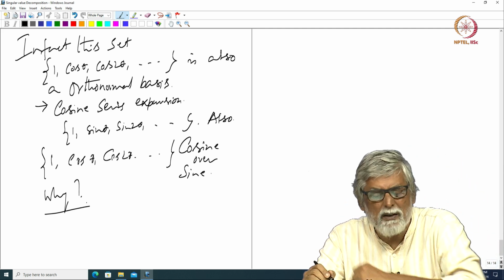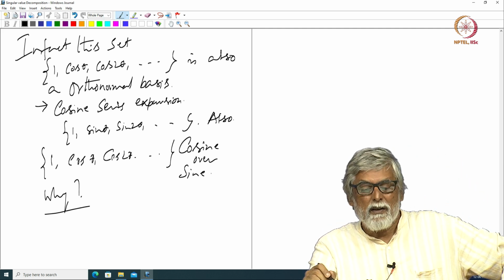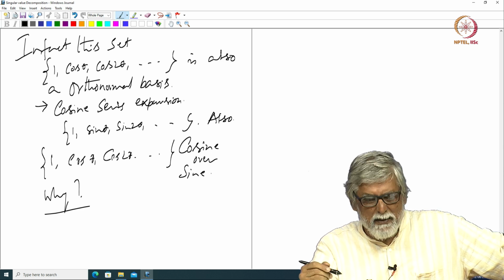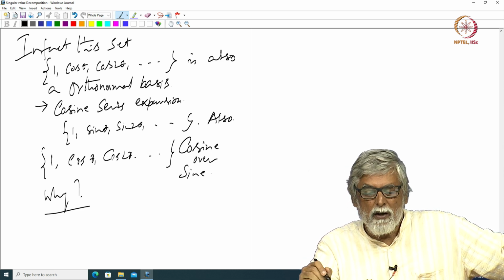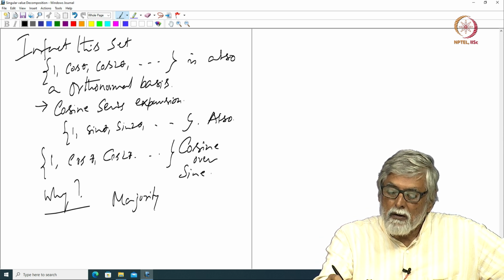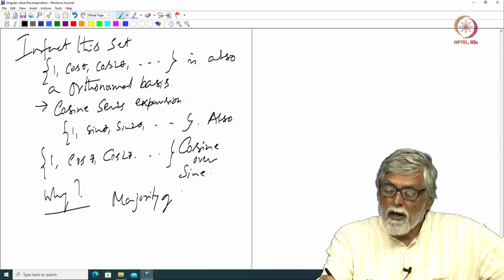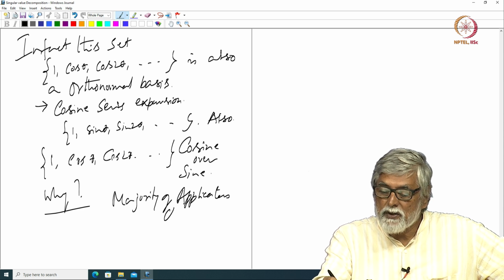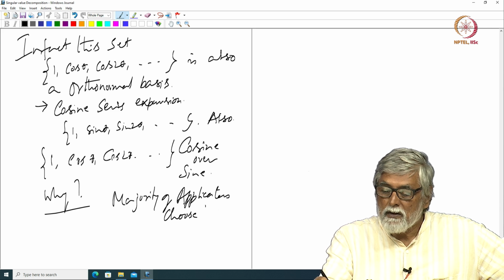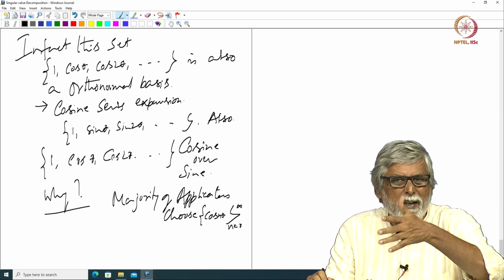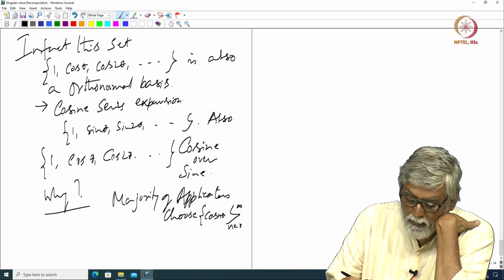Why do we choose cosine functions over sine functions? It is not necessary that you always choose cosine, but a majority of applications choose this set, cosine n theta, n equal to 0 to infinity. Of course, we will make it finite eventually for convenience.